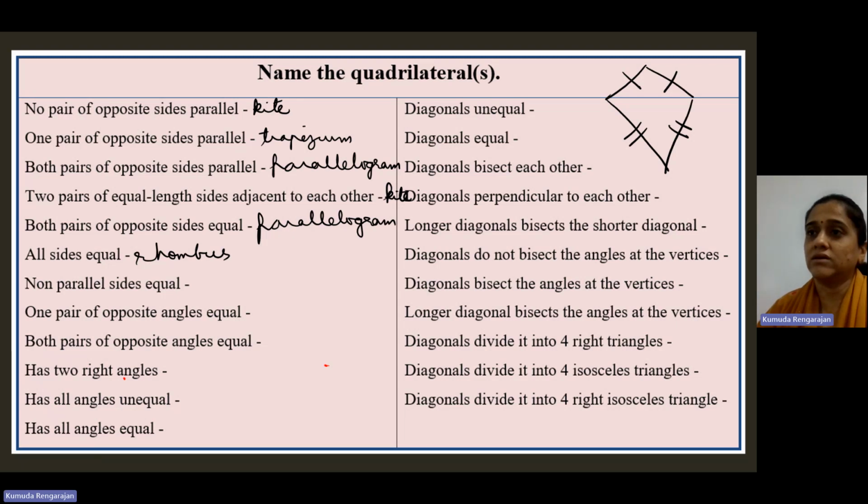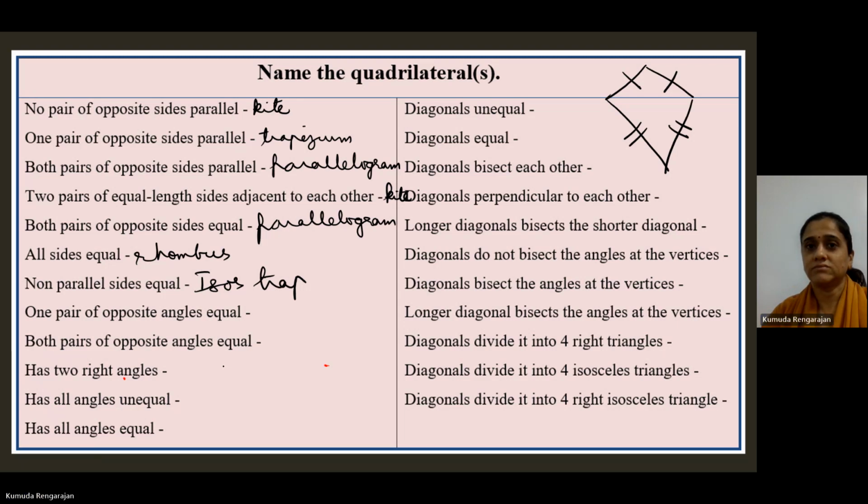Non-parallel sides equal: isosceles trapezium. One pair of opposite angles equal: kite.